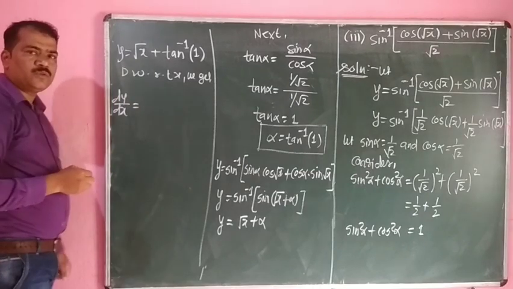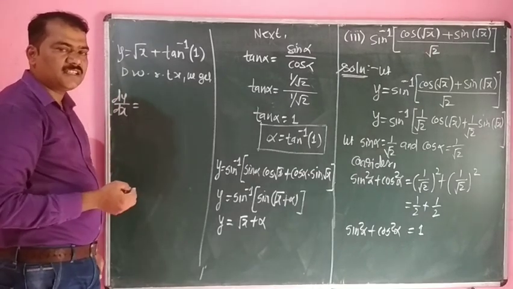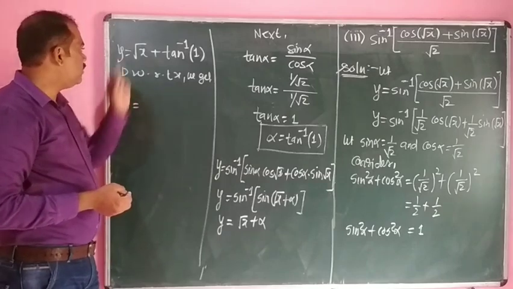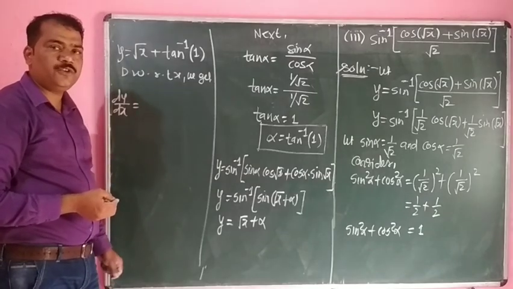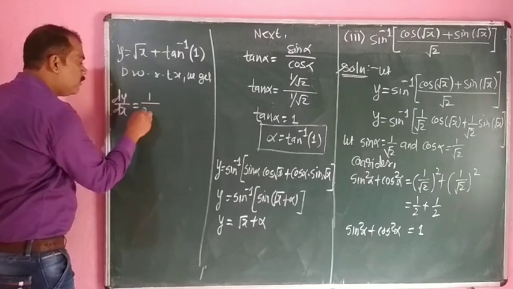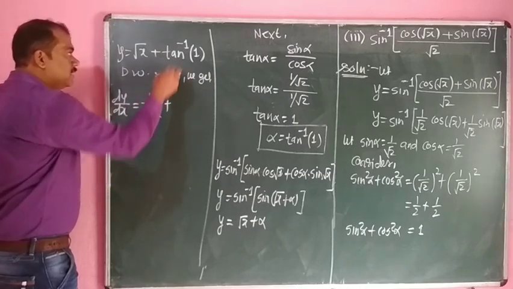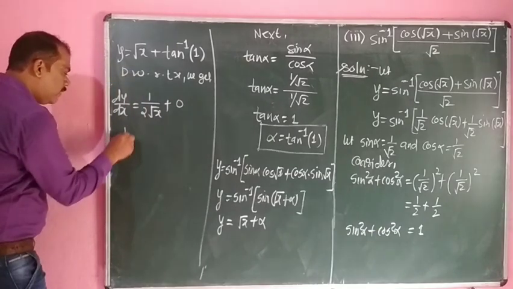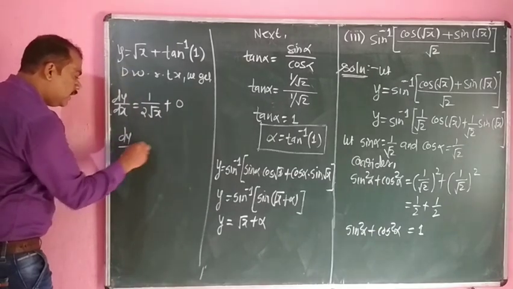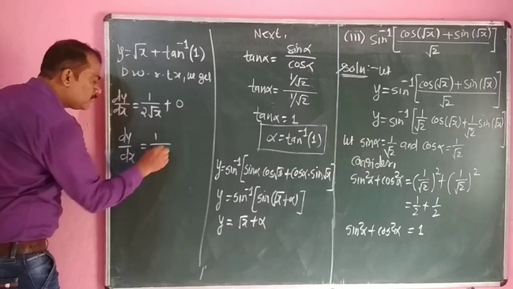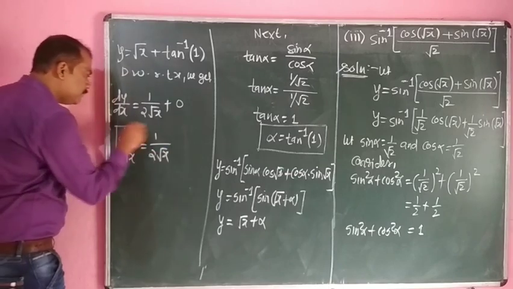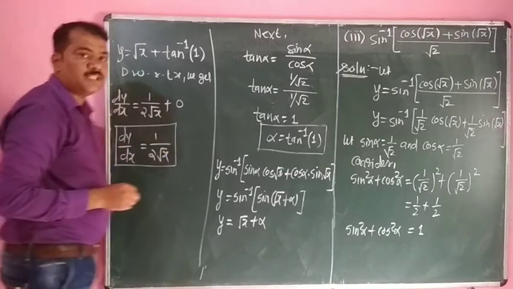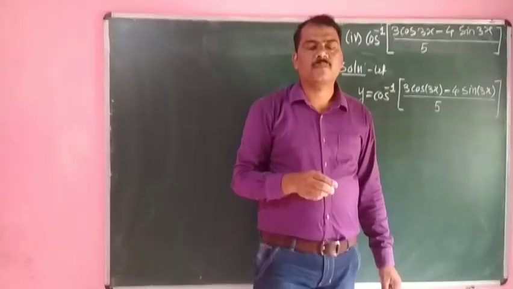As I discussed in the standard formulas of derivative, the derivative of root x is 1 upon 2 times root x, plus tan inverse of 1 is constant, so its derivative is 0. So dy by dx is equal to 1 upon 2 times root x, which is the required answer.